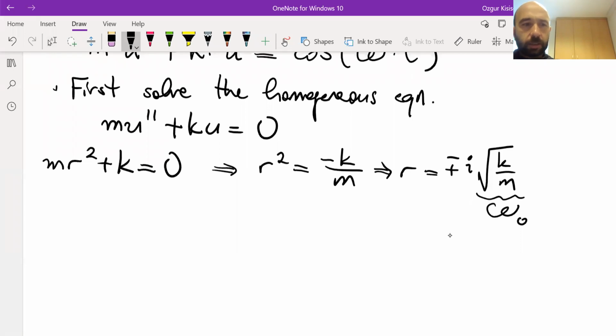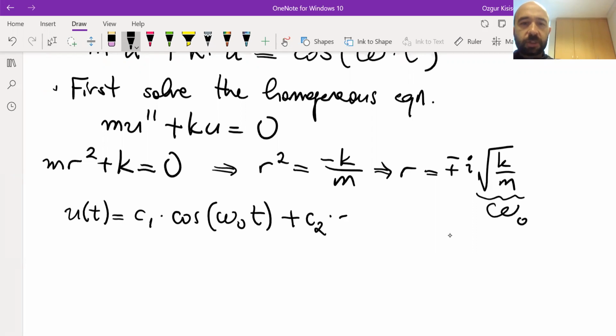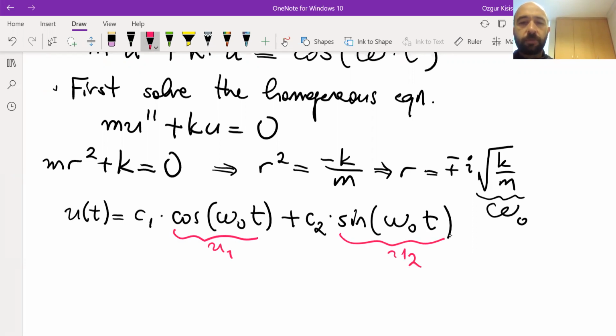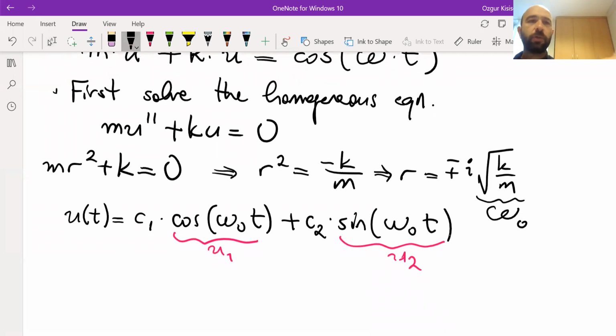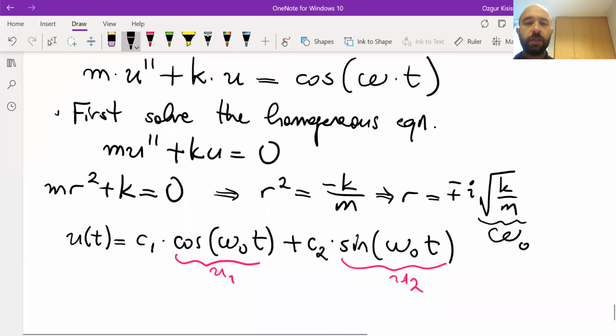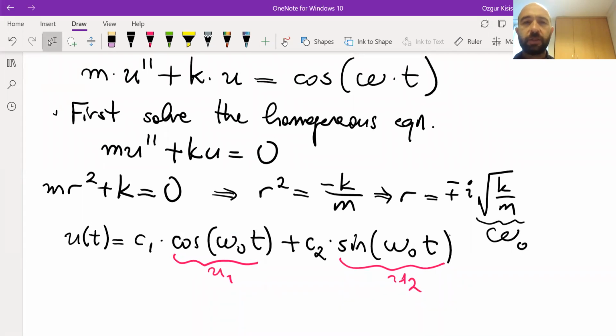Then u(t) equals c1 times cosine omega 0 t plus c2 times sine omega 0 t. So these are u1 and u2 if you like. Now, you could apply the variation of parameters formula, but I will not do that. Instead, let's solve this equation by the method of undetermined coefficients.